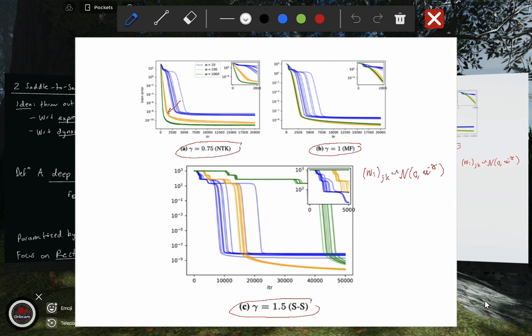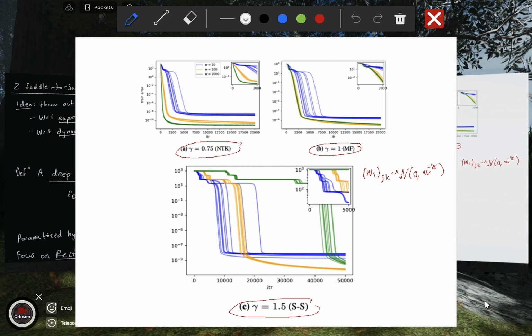This is equivalent to the dynamics becoming more linear, which is exactly what we expect in the NTK regime. For small enough models up here, there's still this weird kink happening, but for large enough models that vanishes completely and you're in the NTK regime.